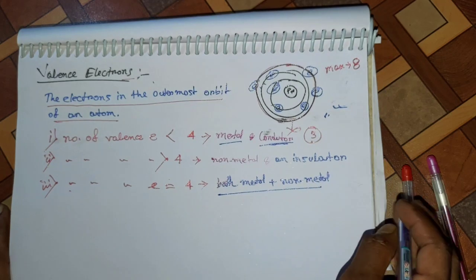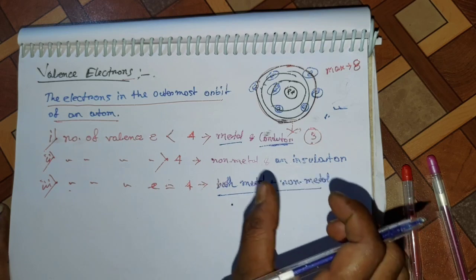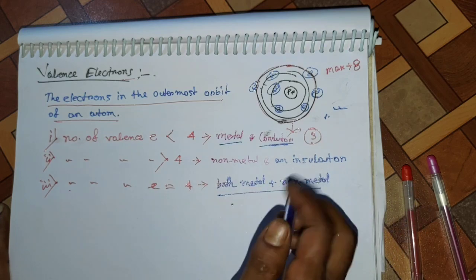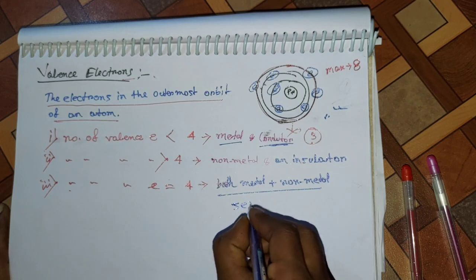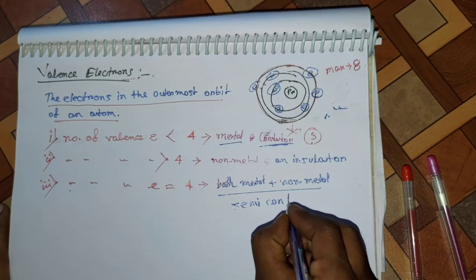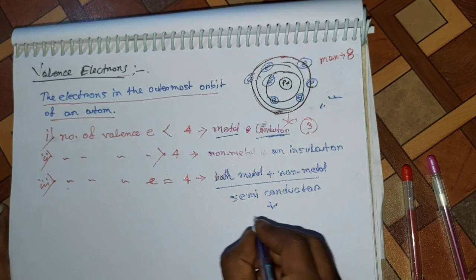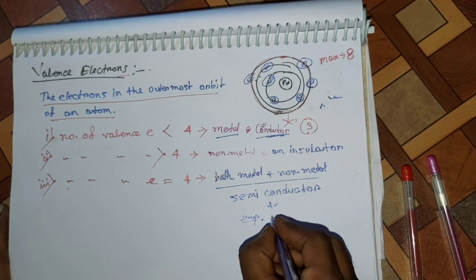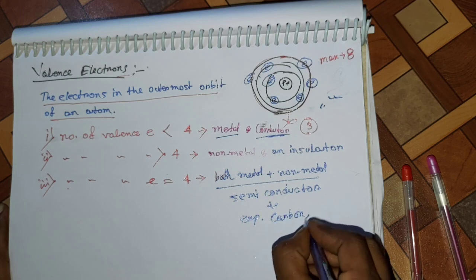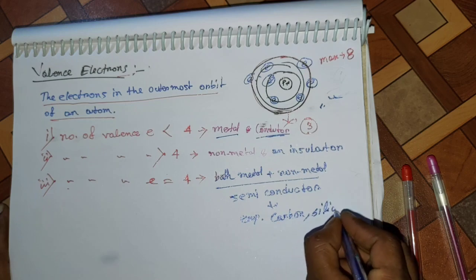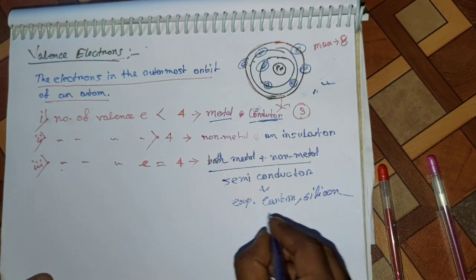When a particle has both properties, it is a semiconductor. Examples are carbon, silicon, germanium.